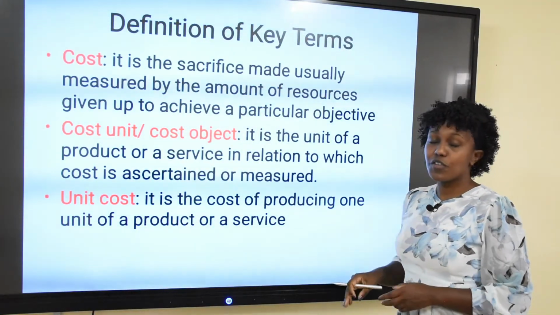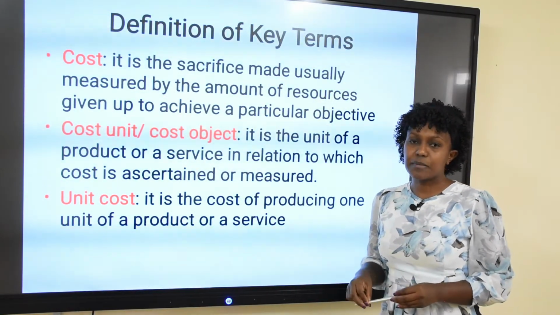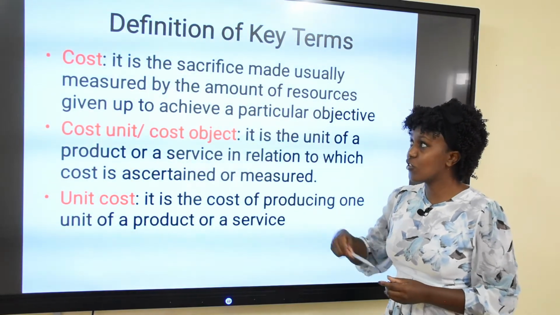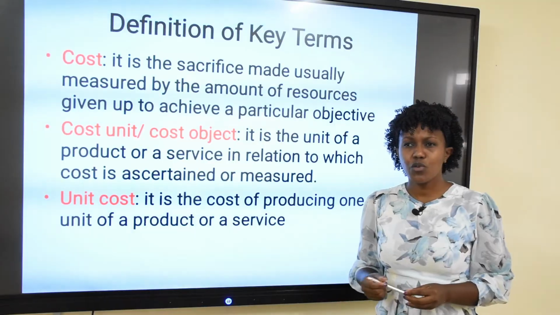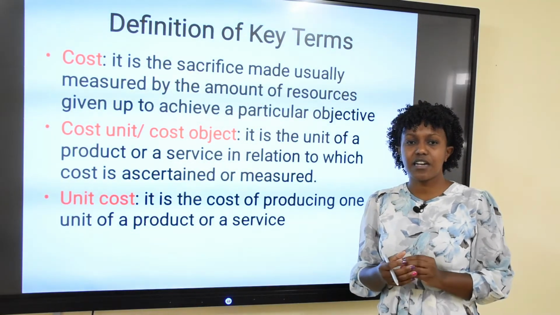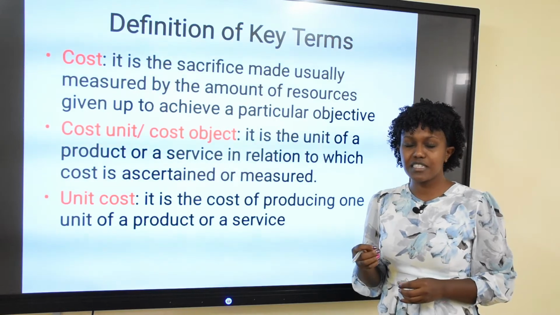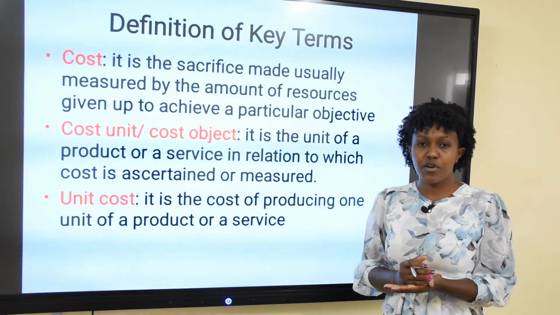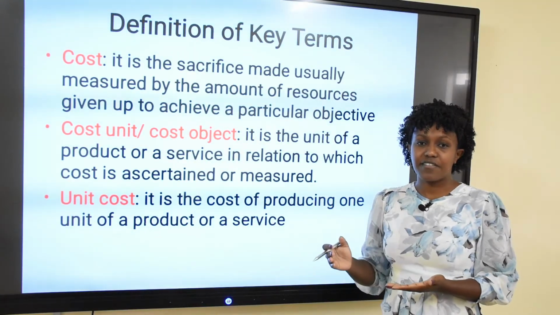To proceed, we are going to first define some key terms that are used in cost accounting. The first one, of course, is cost itself. So what is cost? Simply, cost is a sacrifice that is made in terms of resources that are given up to either acquire a product or to deliver a service.